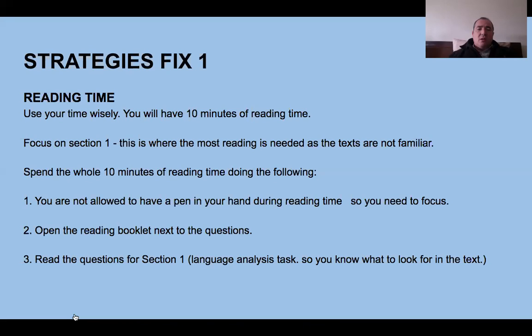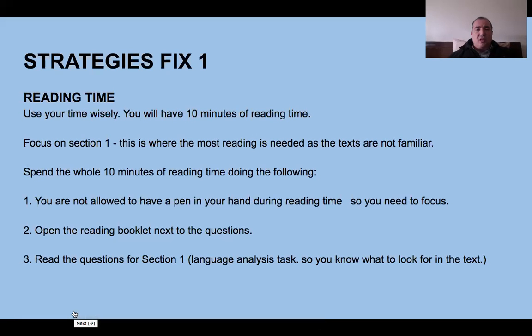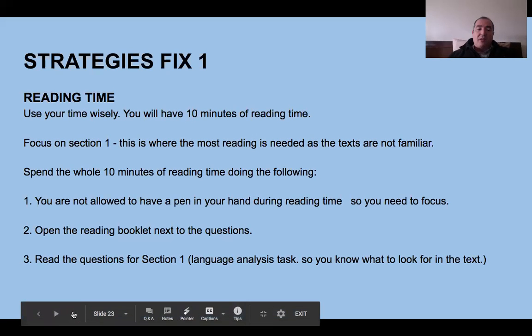Sometimes I might use a fingernail to mark the paper if something catches my eye, but I'm not allowed to use a pen. So we open the reading book next to the questions, we have a look at it, and we take our time. We read the questions as well, so when we go over the close reading, we know what we are actually looking for.